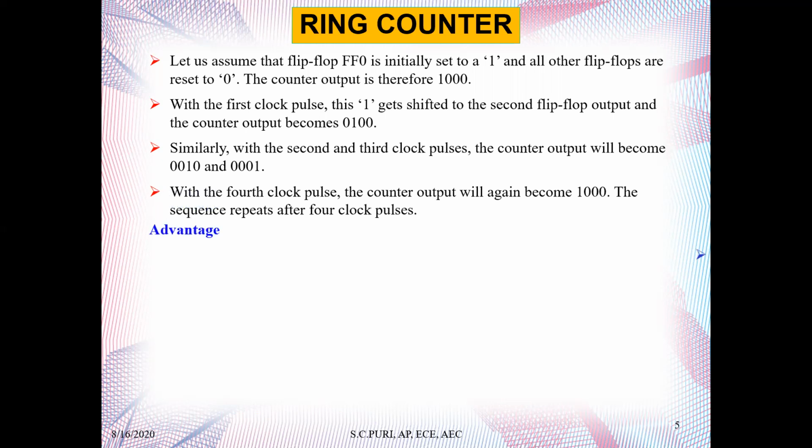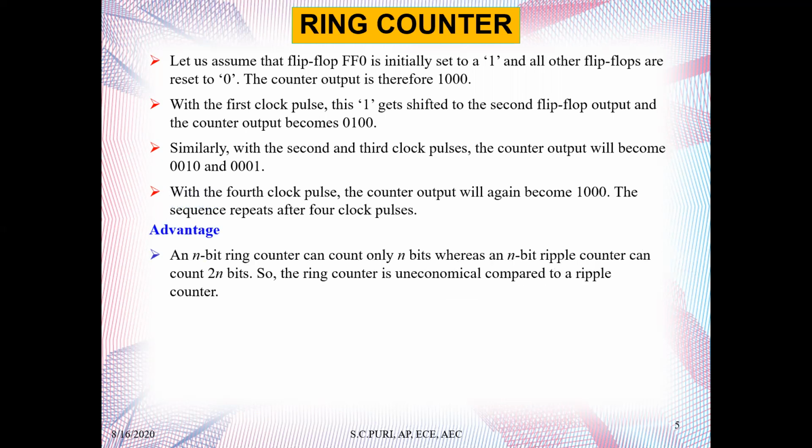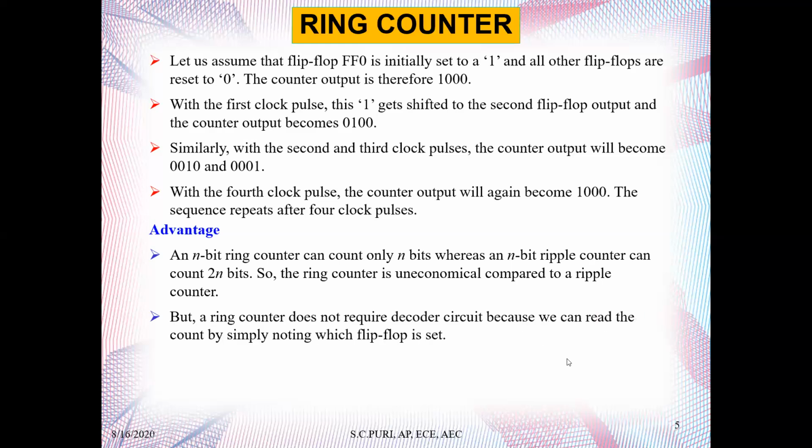Now what is the advantage? An n-bit ring counter can count only n states, whereas an n-bit ripple counter can count 2 to the power n. So the ring counter is uneconomical compared to a ripple counter. But a ring counter does not require a decoder circuit, because we can read the count by simply noting which flip-flop is set.